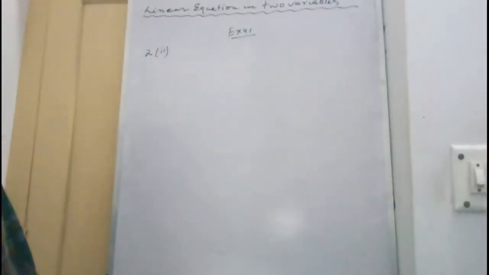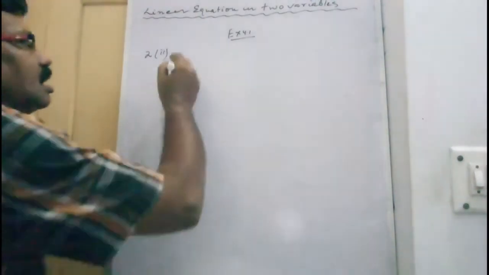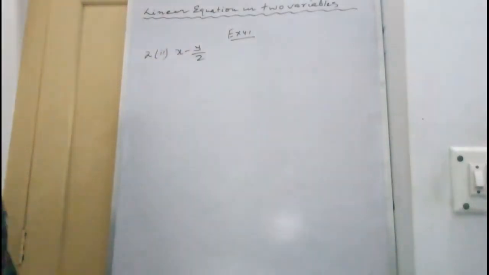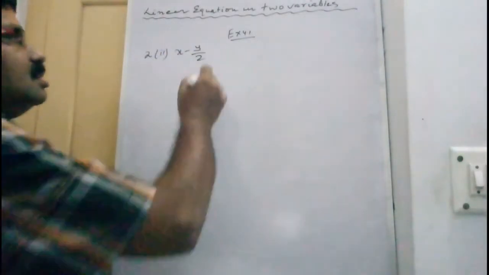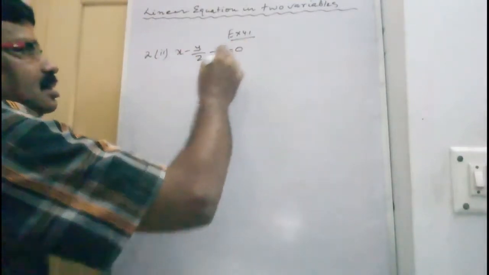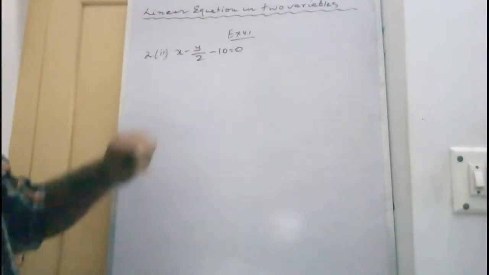Next, x minus y by 2 minus 10 equal to 0. Now here you also find the value of a, b and c.